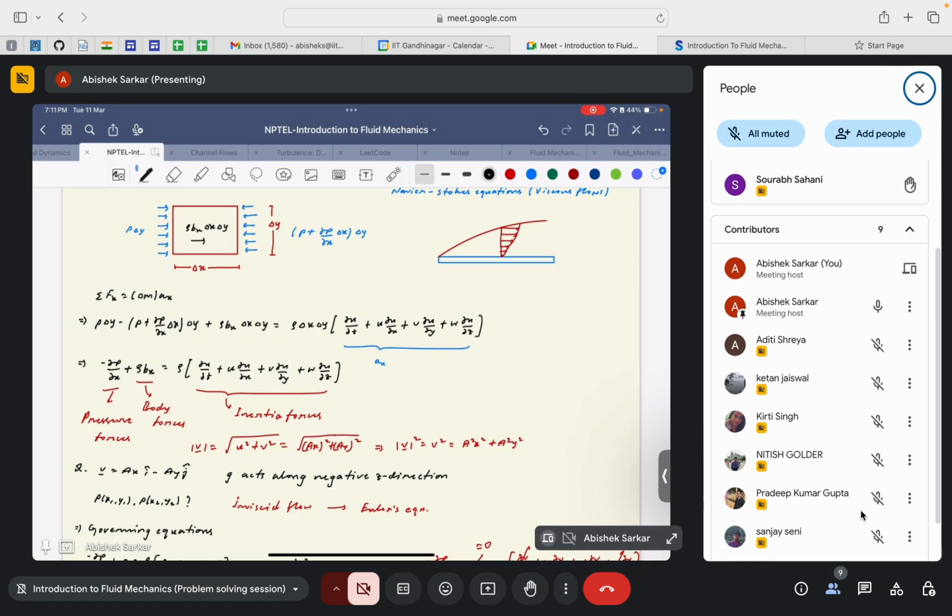Okay, it's a valid doubt. I will try to understand it from the mass conservation: dou rho by dou t plus v dot grad rho, and this should be du by dt plus rho.